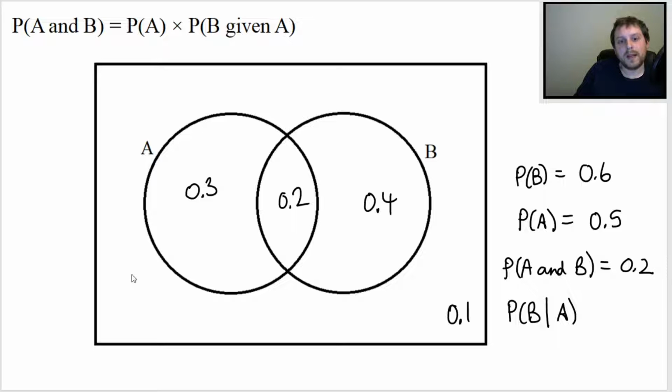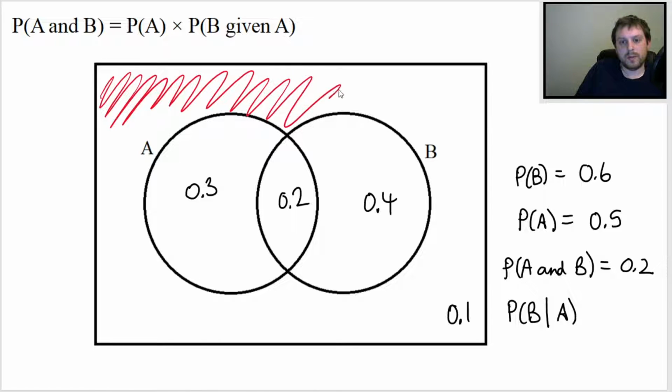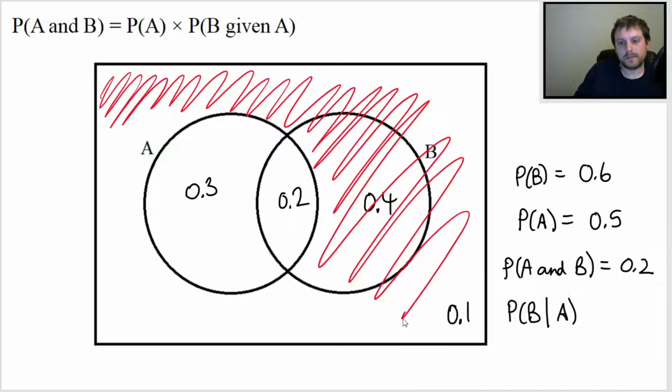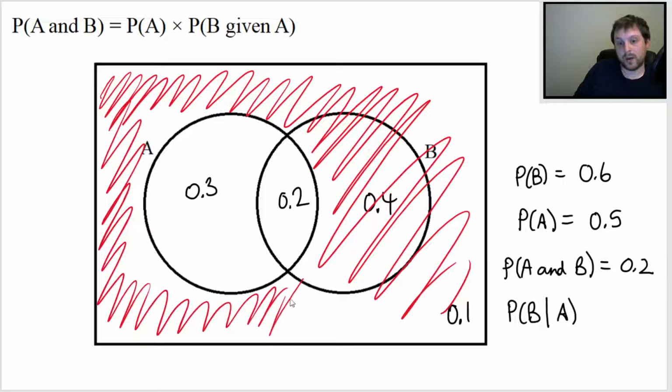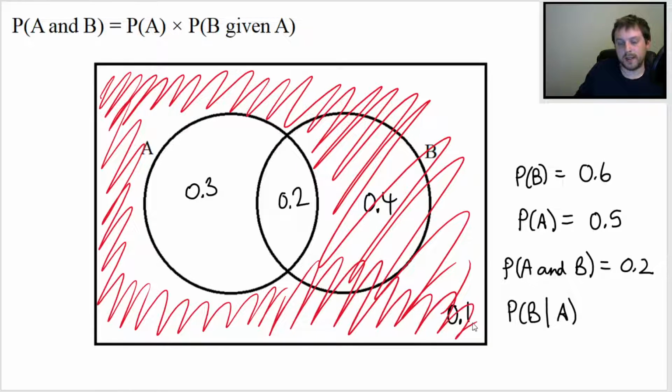So what that would mean is we've zoomed in on the A, and this could have been a question at GCSE, by the way. What I'm doing right now is not specifically A level. You would think, okay, it's 0.2 out of 0.5.